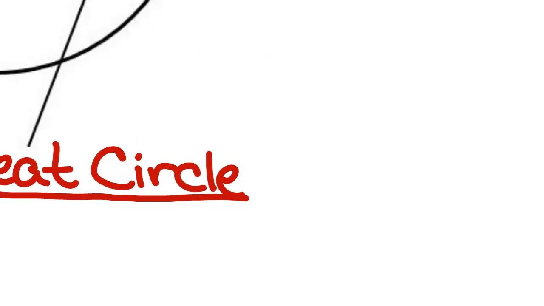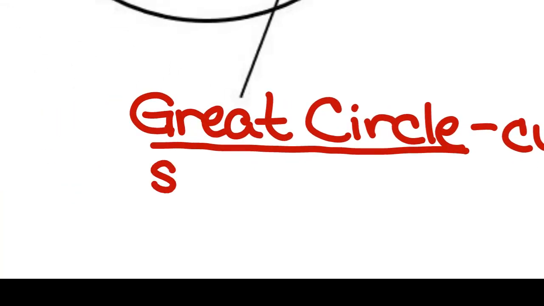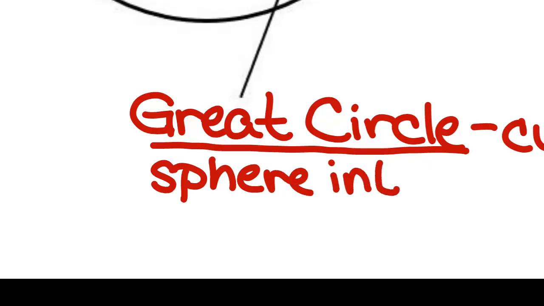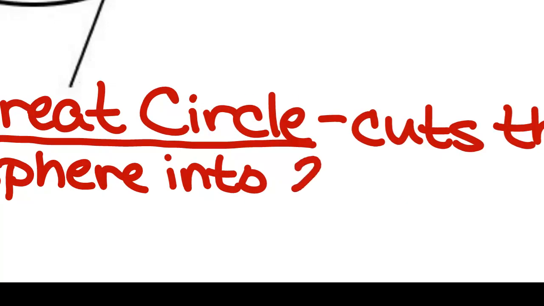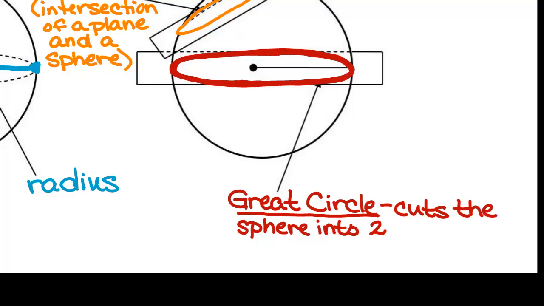A great circle cuts the sphere into two half spheres, right?